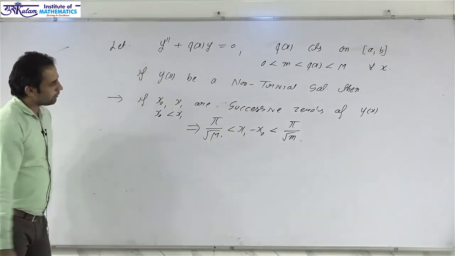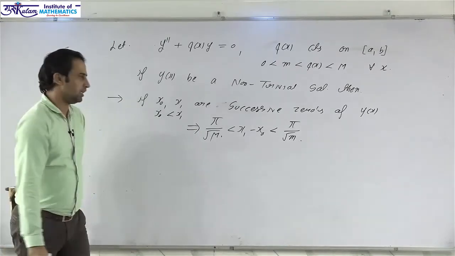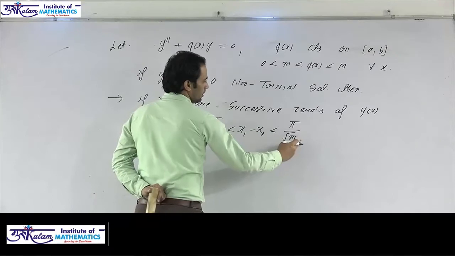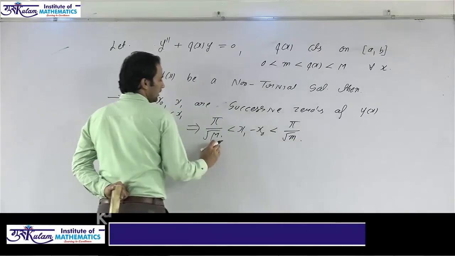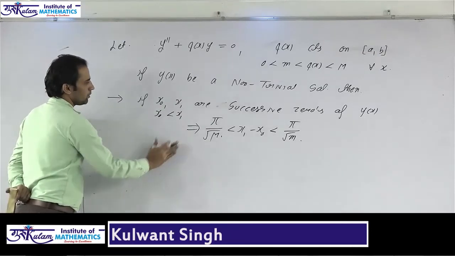The distance between any two successive zeros of any non-trivial solution is at most pi by square root of m and at least pi by square root of M.